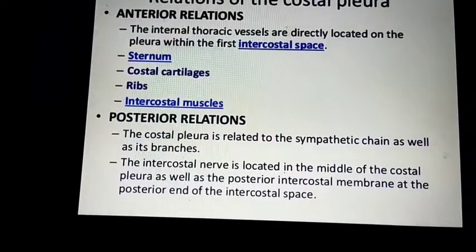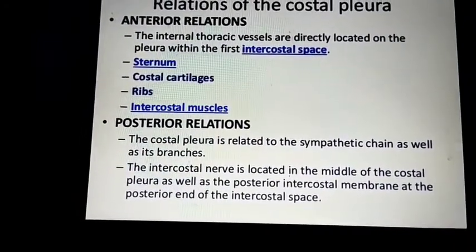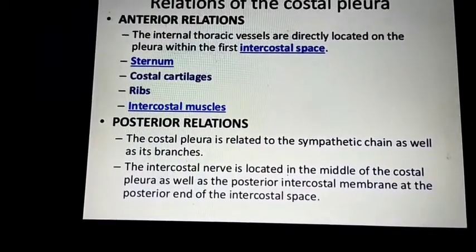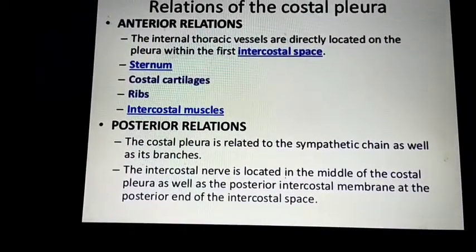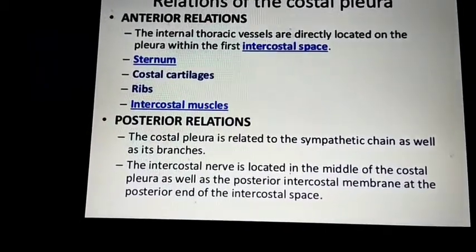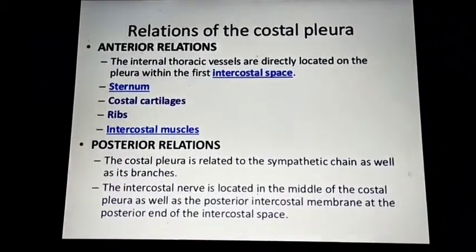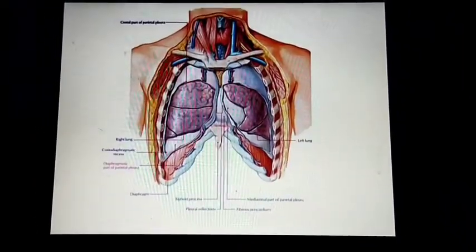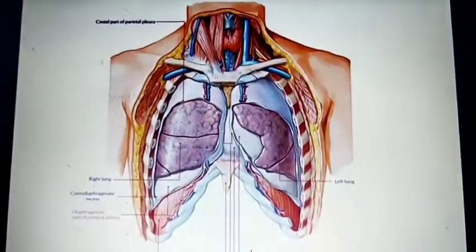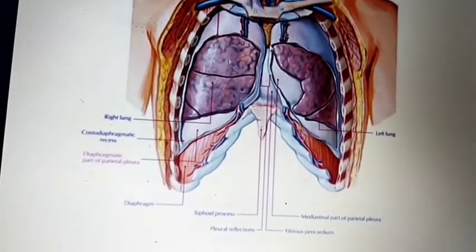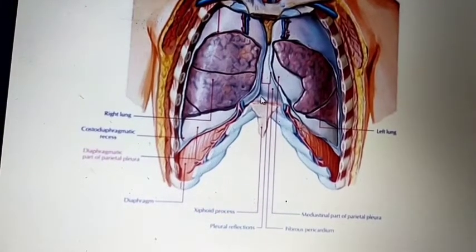The costal pleura is related to the sympathetic chain as well as its branches. The intercostal nerve is located in the middle of the costal pleura as well as the posterior intercostal membrane at the posterior end of the intercostal space. You can see how the costal cartilage anteriorly comes to the sternum.